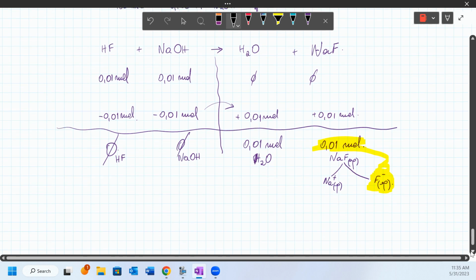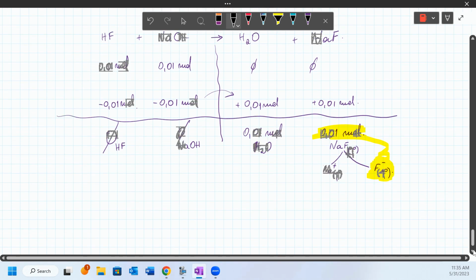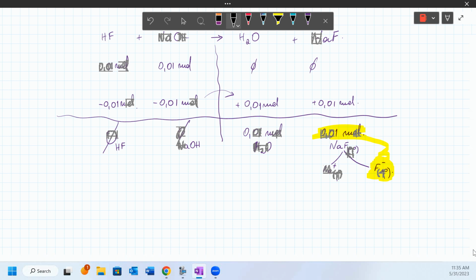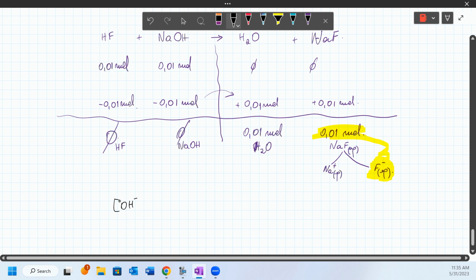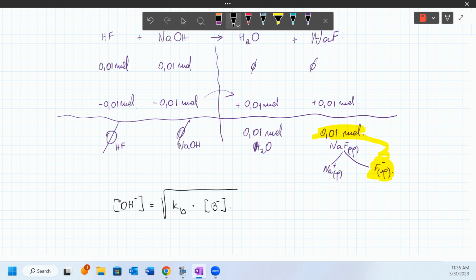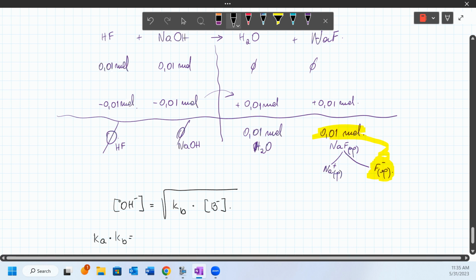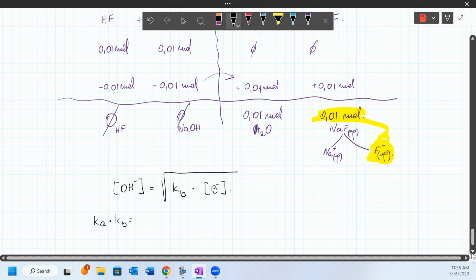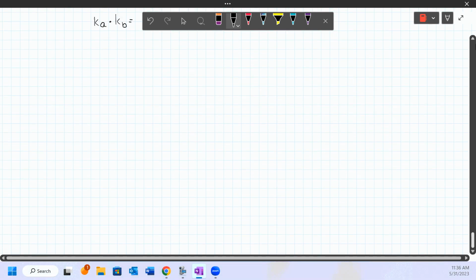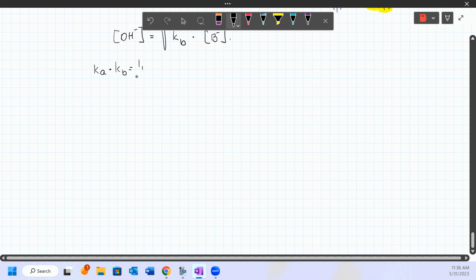Since we have the weak base, I'll show you the shortcut to calculate the concentration of hydroxide as the square root of Kb times the concentration of B minus. Now, do we know Kb? No, we don't, but we can find it using the auto-ionization of water: Ka times Kb is equal to 1.0 times 10 to the power of negative 14.